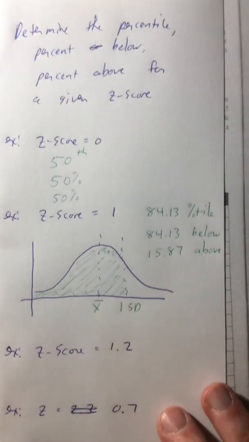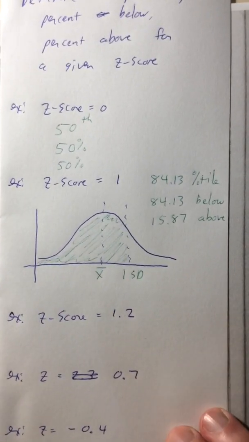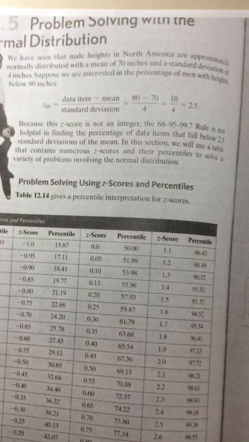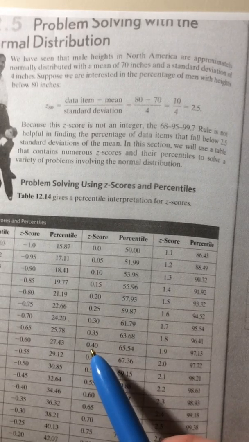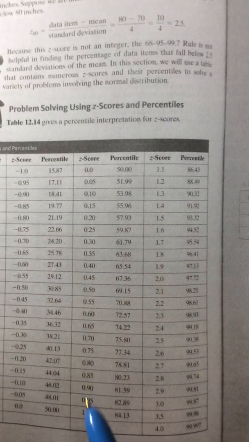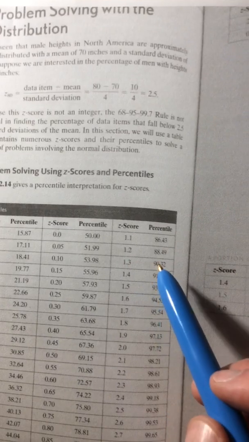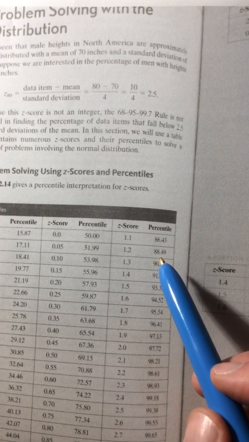Okay, so same trick down here, 1.2. This one we're going to have to look up again. So we pick this up and we find 1.2 on the table. So there's our z-score. We got 0.4, we got 0.8, we got 1, 1.2 right there. 1.2 is some number that I literally cannot read.